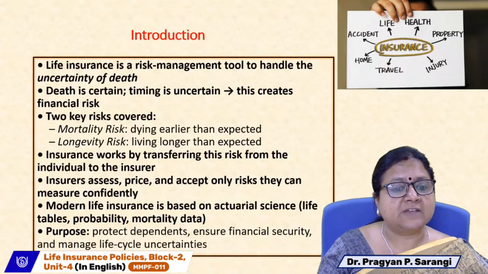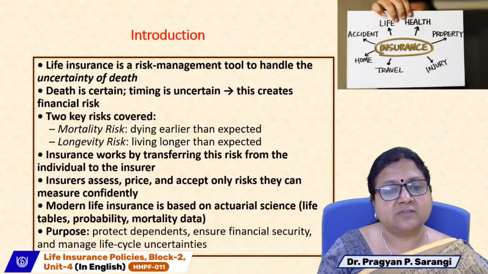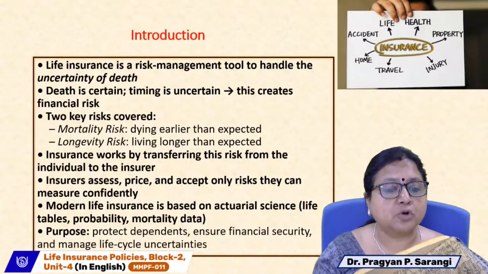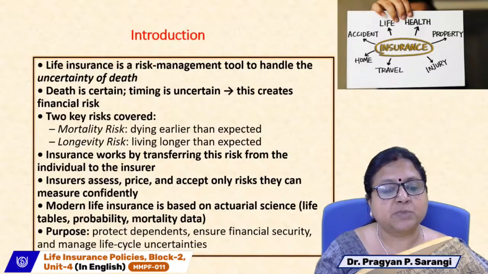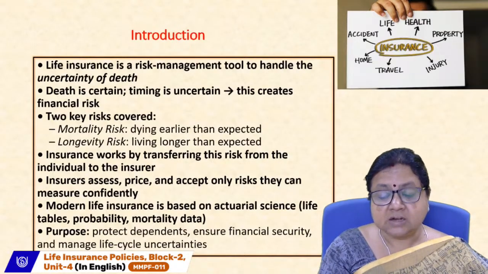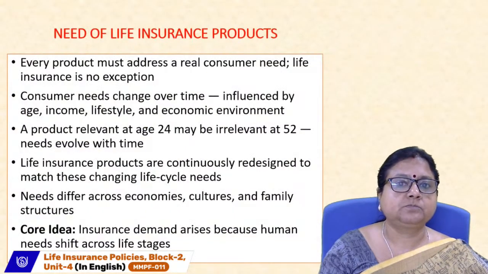The purpose of life insurance is to protect the safety of the dependents, because suppose in a family one person is earning and four other persons are dependents. So the main objective is to safeguard the security of the dependents. It ensures financial security, and it also manages the uncertainties which are going to occur in the life cycle.